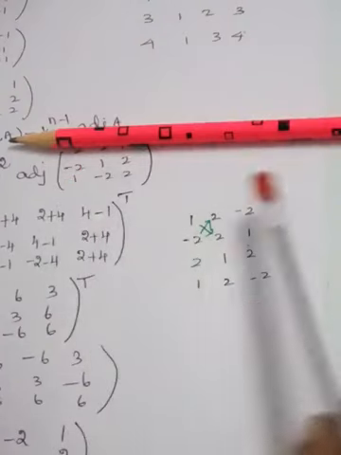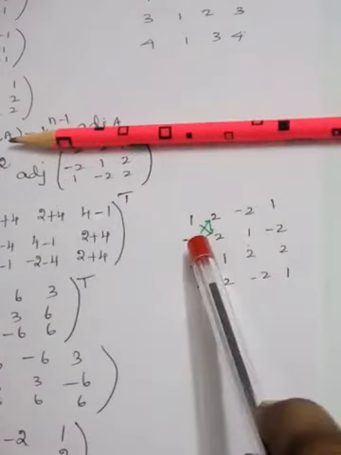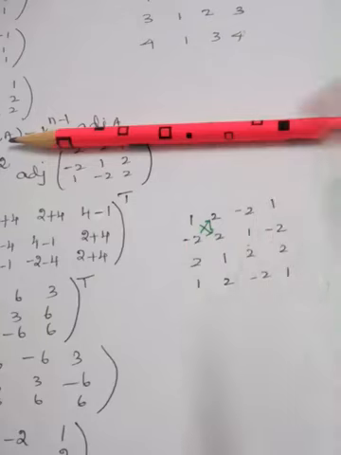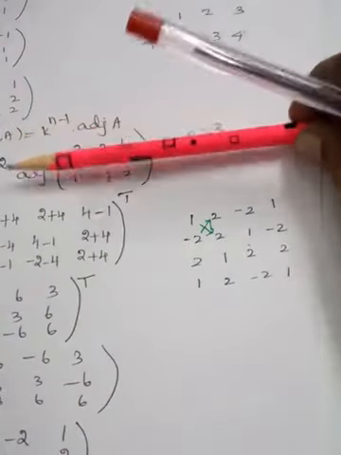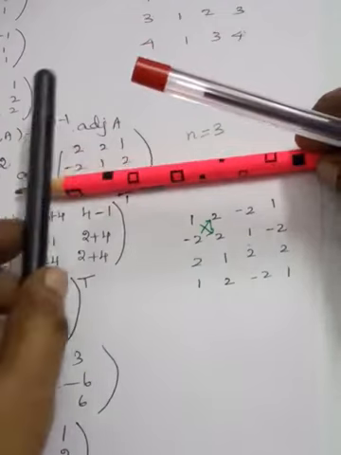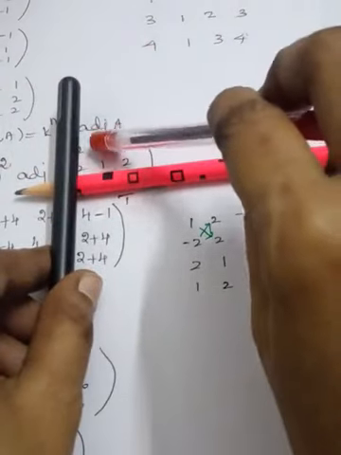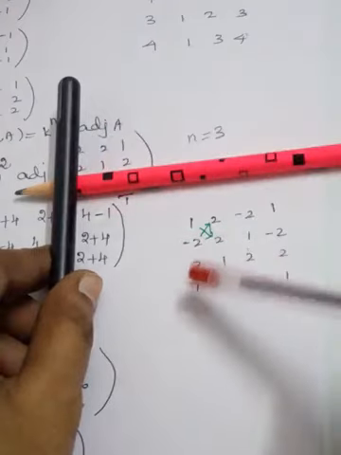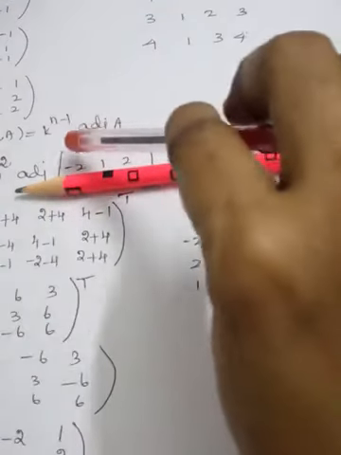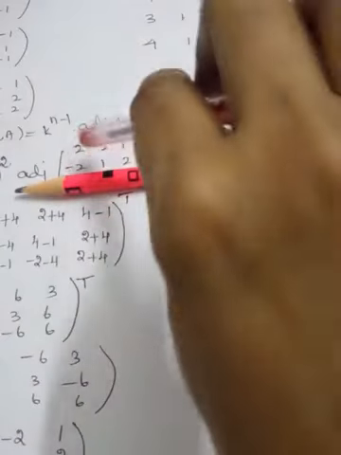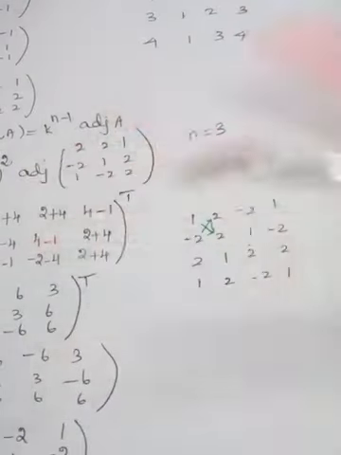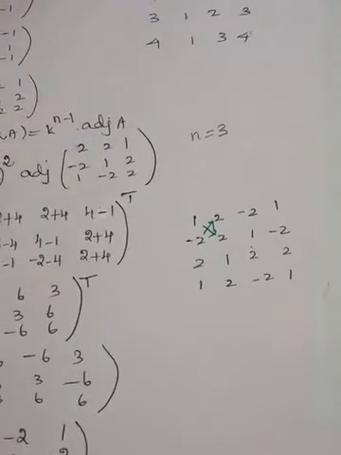Then again 1, minus 2. So starting is 1 minus 2, ending also 1 minus 2, so it is correct. Then delete the third row and first column. You will get the first column 2 1 1 2. Then you take the next column elements 2 minus 2, again 2 1. So starting is 2 1, ending is also 2 1.